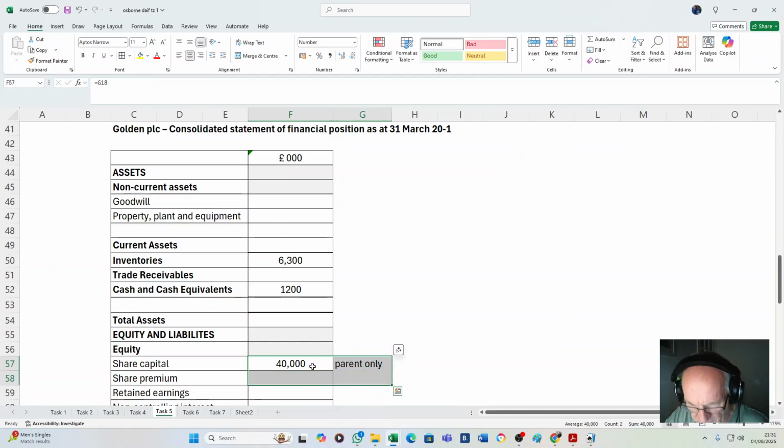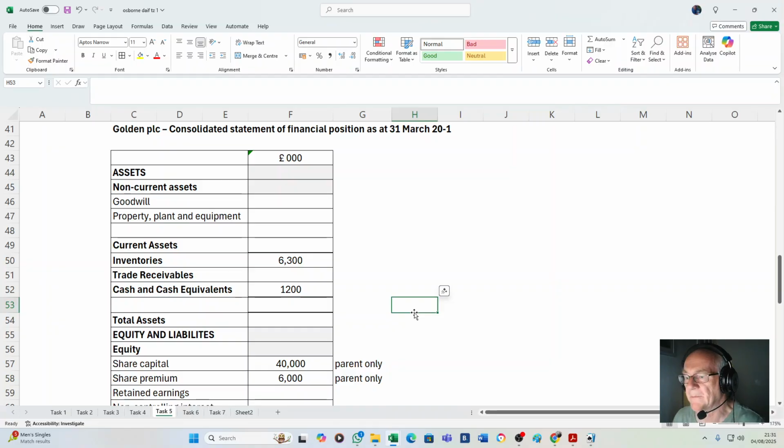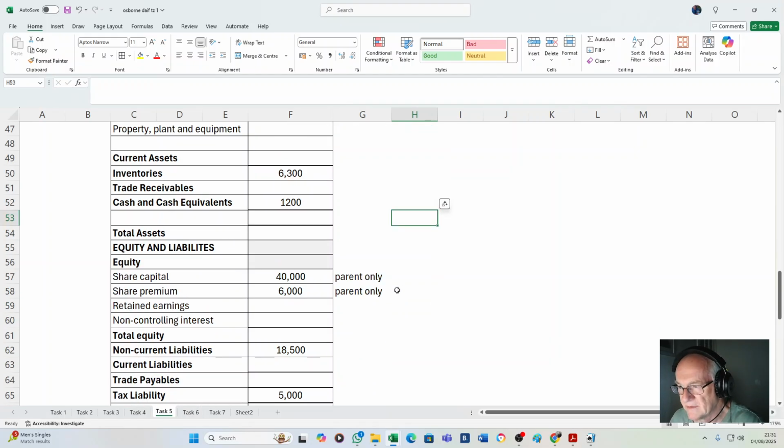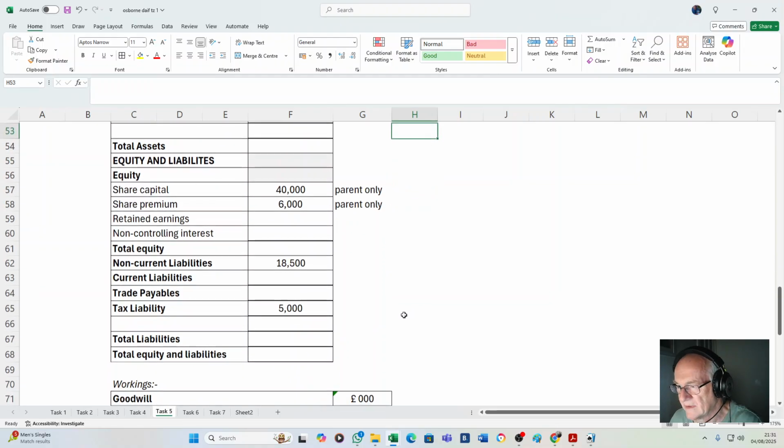And so will the share premium be, just the two added together. So adjustment, adjustment, adjustment, and no adjustment needed there. So we'll do this one next.